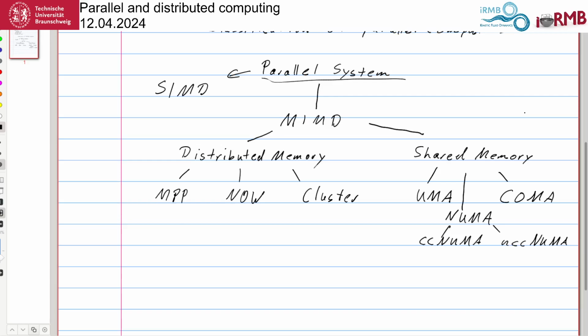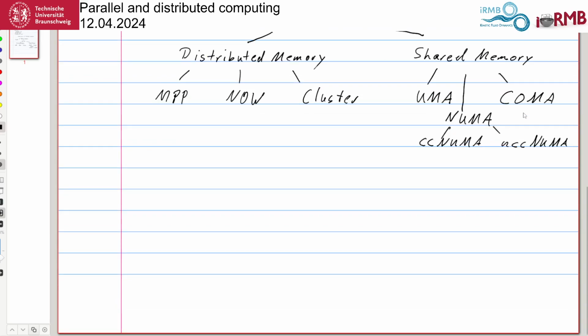Now this MPP, and I have to apologize, I should have looked it up, but I don't know what the second P is standing for. I can only tell you what it means: a massive parallel system. It should actually be MPS, I don't know why it's MPP.